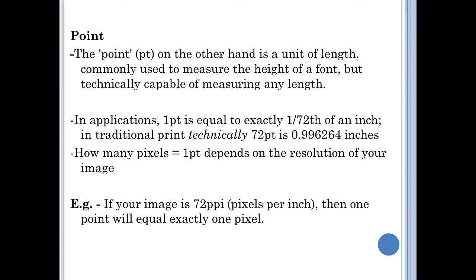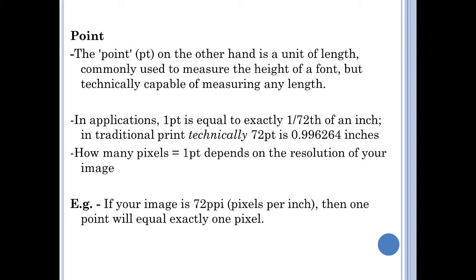After the pixel, the next important part of computer graphics screen resolution is a point. The point, or PT, on the other hand, is a unit of length commonly used to measure the height of a font but technically capable of measuring any length.